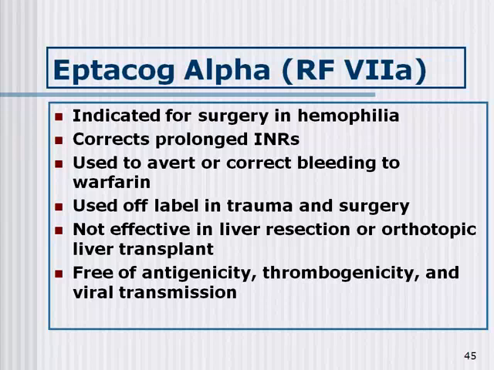Apparently not effective in patients that have had liver resection or undergoing liver transplant, where they're not producing clotting factors, or their clotting factor production is diminished. But because it's a recombinant product, it's pretty clean in terms of toxicity, no risk of antigenicity, thrombogenicity, or viral transmission.